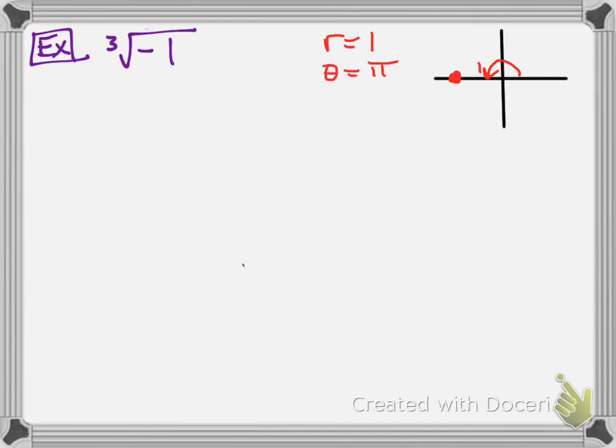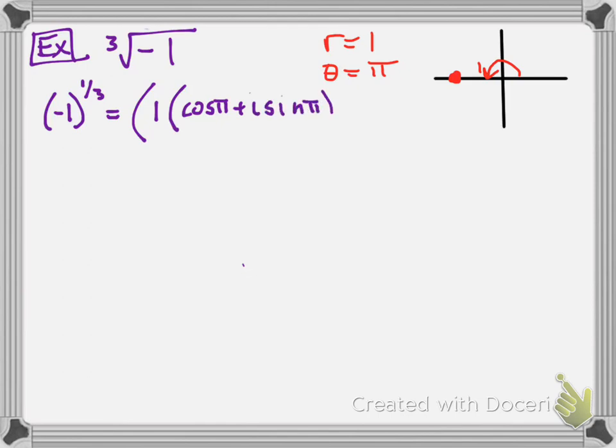Pi radians. The reason we want it in radians is because, well, you could use the other one, but you'll see why in just a second. All right, so the cube root of negative 1 is the same as negative 1 to the 1/3 power, which is the same as 1 times the cosine of pi plus i sine of pi, raised to the 1/3 power.